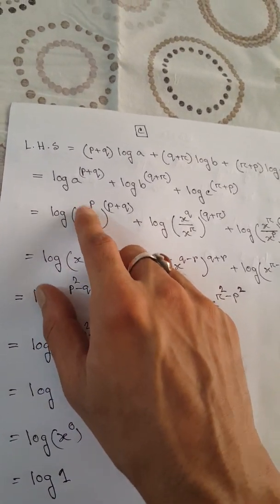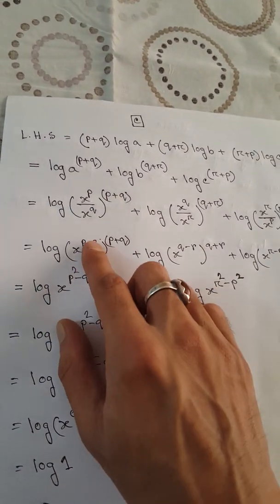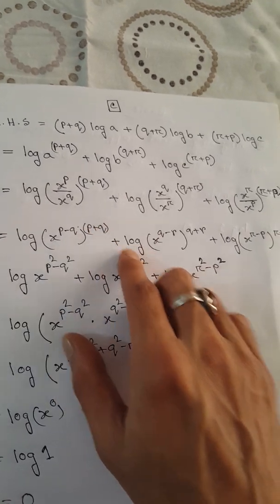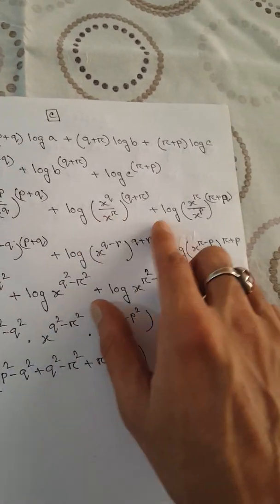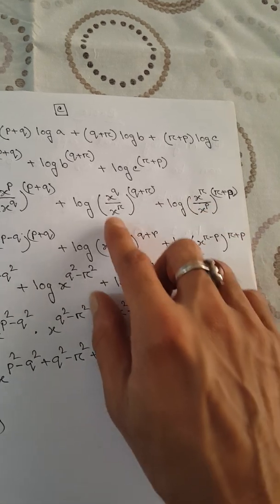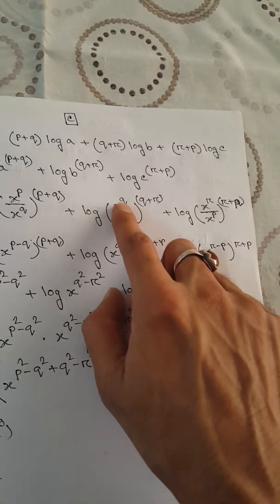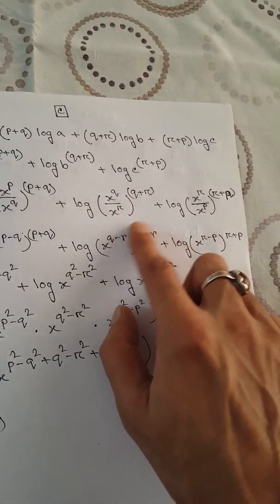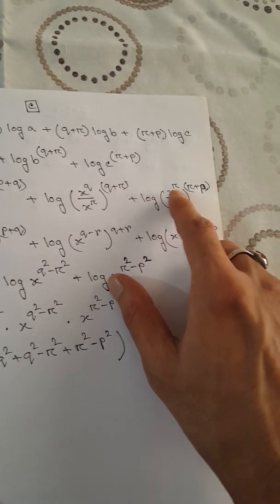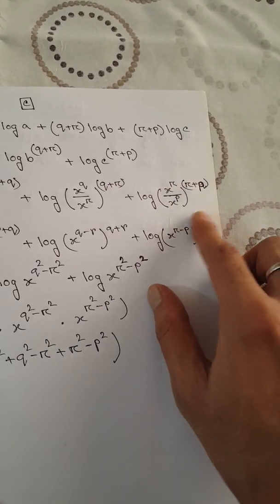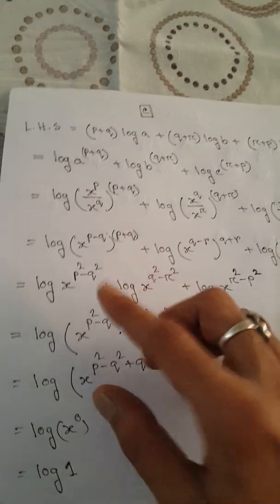We do the same thing. The x bases are the same and there is a division sign, so x to the power p minus q, and this p plus q. The same thing we do in the next two portions, that is log x to the power q minus r, and this power is the same, and here x to the power r minus p, and this power is the same.